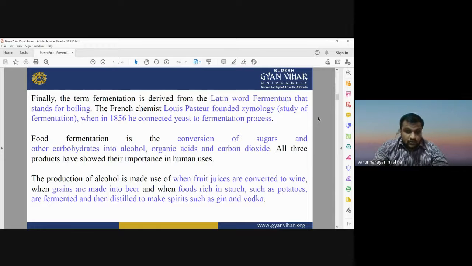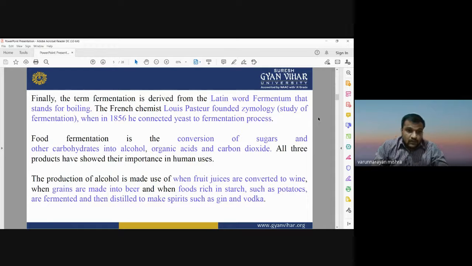Basically in the fermentation process, we convert one chemical or product into another product, and as we know, oxygen is a basic element for all the products on the earth's surface. So fermentation is used to convert material into another material, that is, a conversion of sugars and other carbohydrates into alcohol, some organic acids, and carbon dioxide.